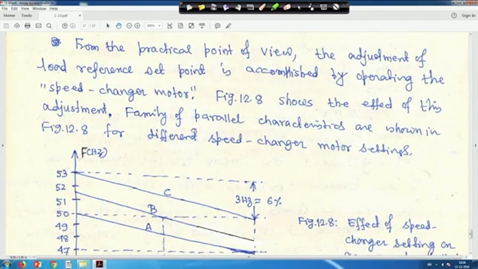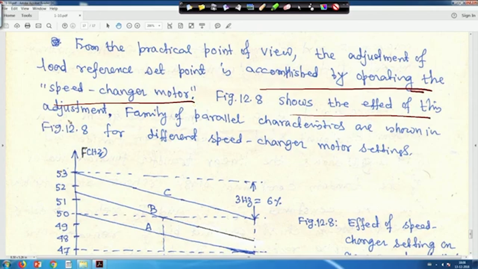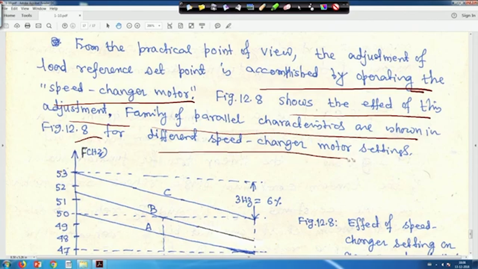Now, from the practical point of view, the adjustment of load reference set point is accomplished by operating the speed changer motor, right. This speed changer motor we will not see in this course, but this is required. So, figure 8 shows the effect of this adjustment, a family of characteristics for different speed changer motor settings.